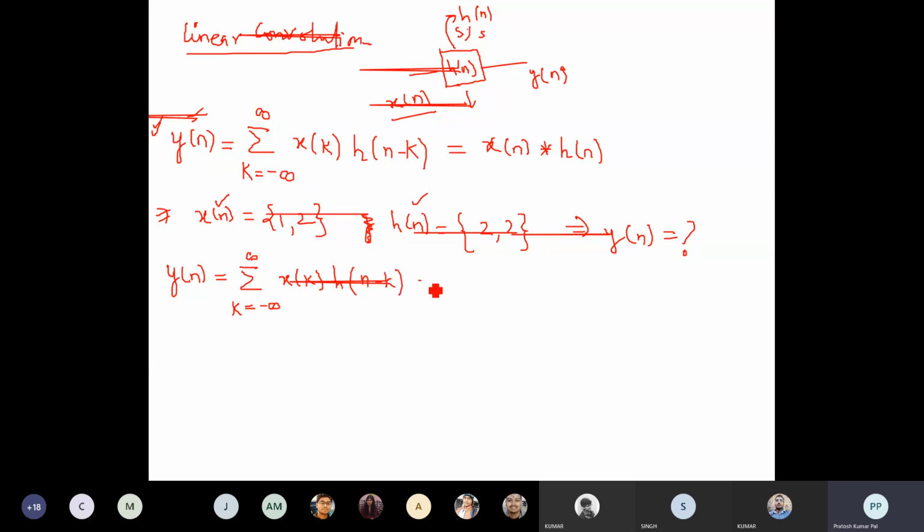Here we can note that we can vary the n, and n should be varying from 0 to 1 and so on. How n varies depends on the number of sequences in x of n and h of n.